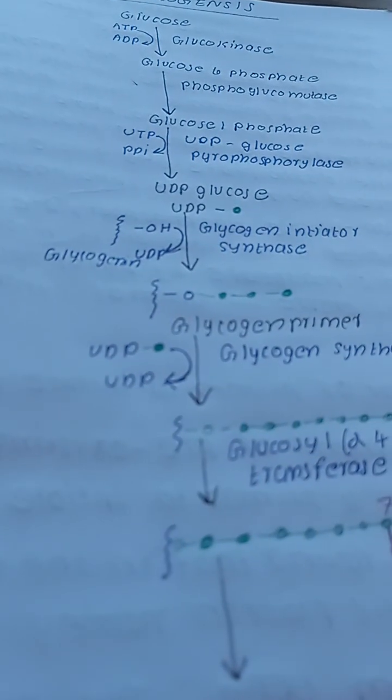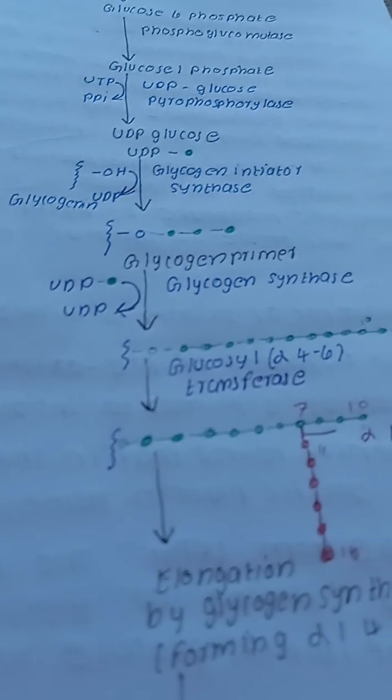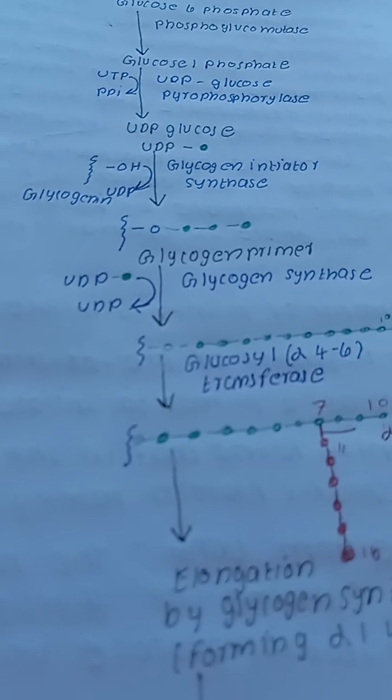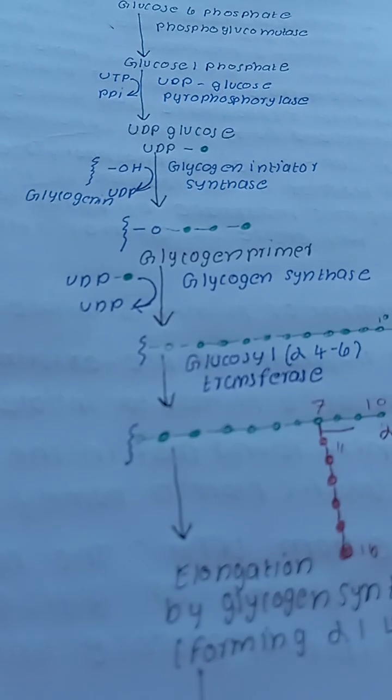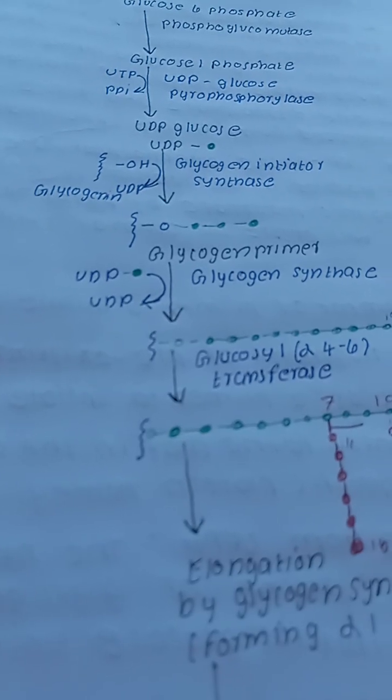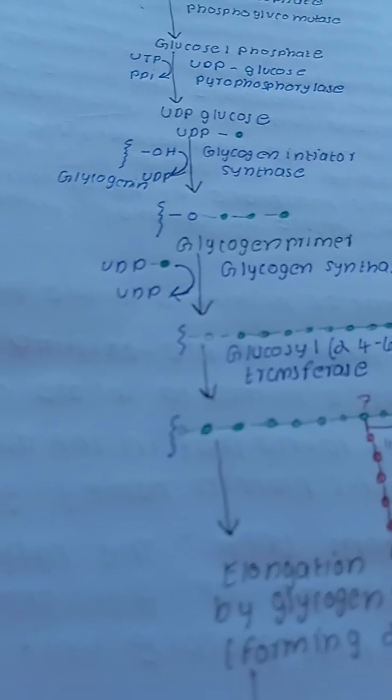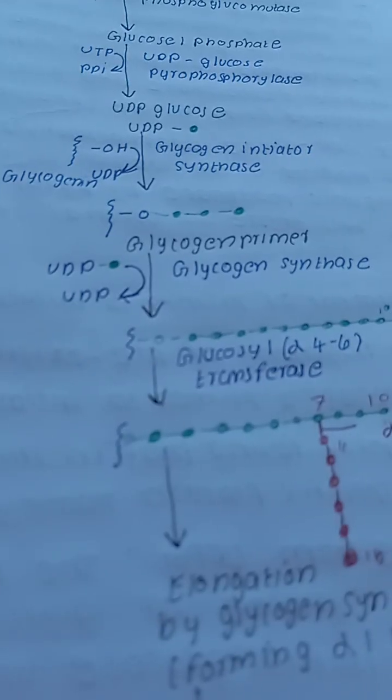Then glycogen synthesis initiates, and for that we need a primer. Naturally, glycogen acts as the primer, and it is available in nature. But in the absence of a primer, a protein called glycogenin is present and acts as a primer.